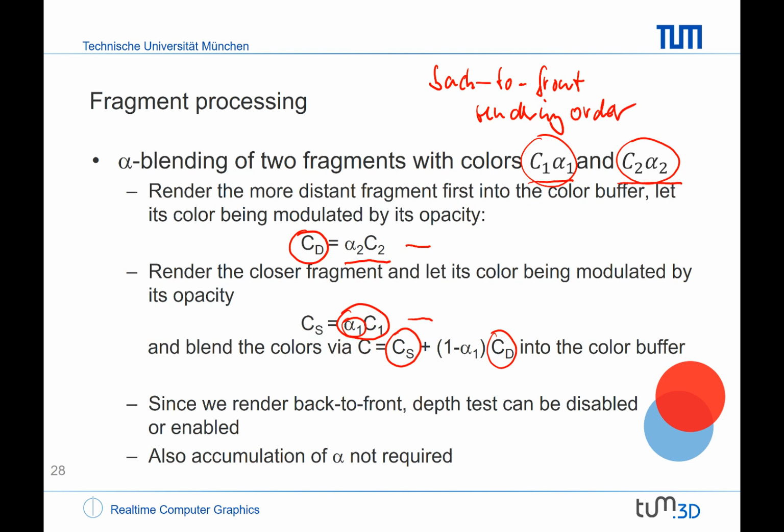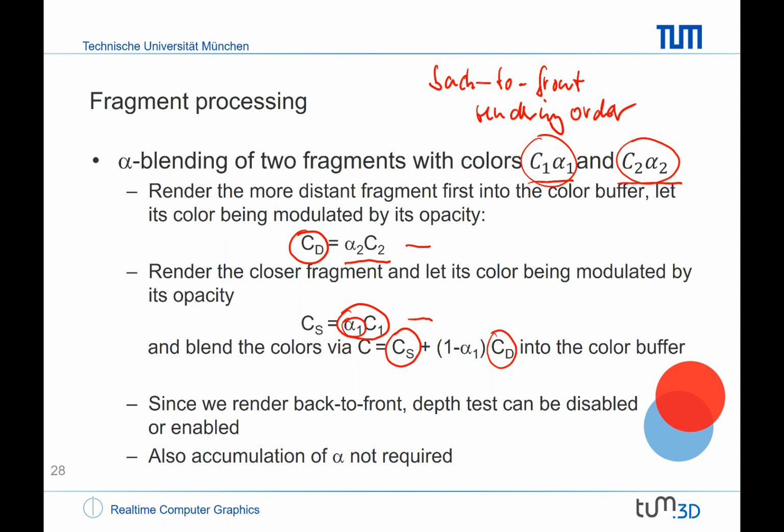That explicitly assumes that we have sorted our objects in back to front order, so with respect to decreasing distance to the view plane. If we store the objects in this order in our object buffer, then the objects are rendered in exactly that order.